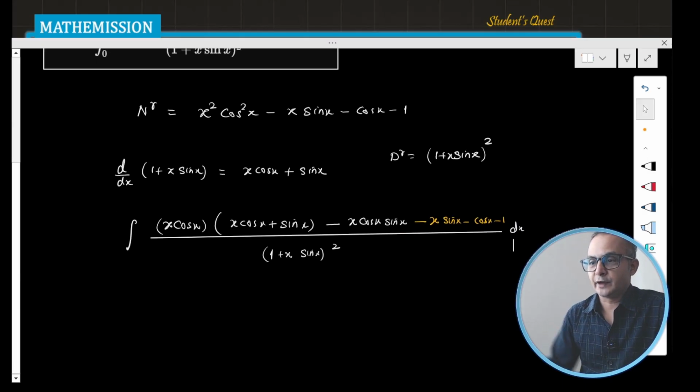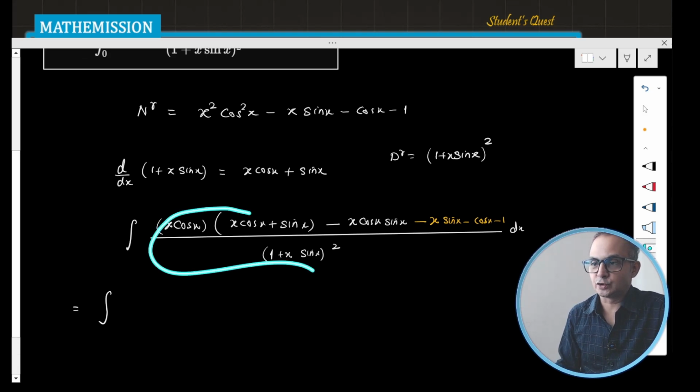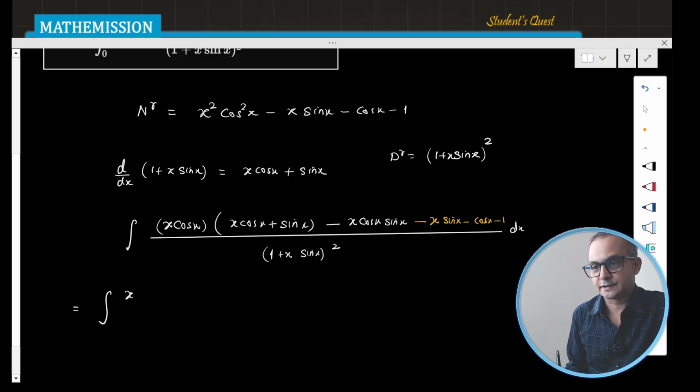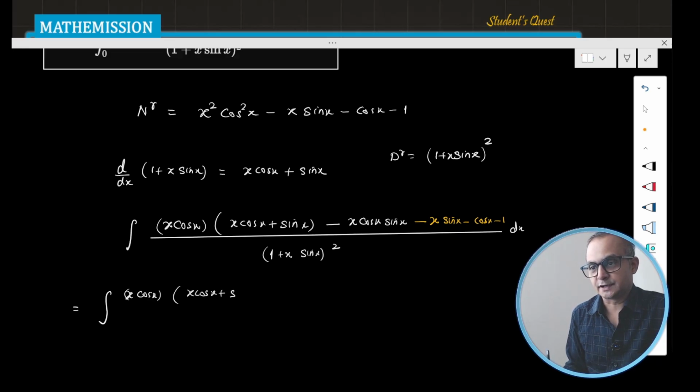Now I'm going to separate this entire thing into two integrals. First, if you notice, I can take this thing together. Of course this is going to be the derivative of this, so we can manage this. So here I have x cos x, and this is x cos x plus sin x, with the same denominator, 1 plus x sin x the whole square.